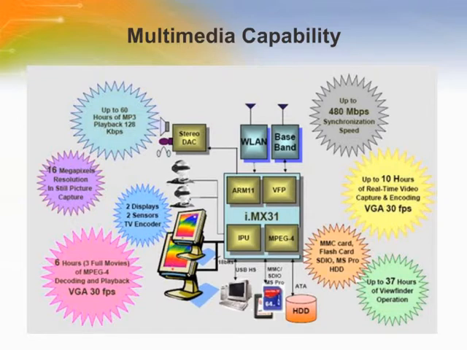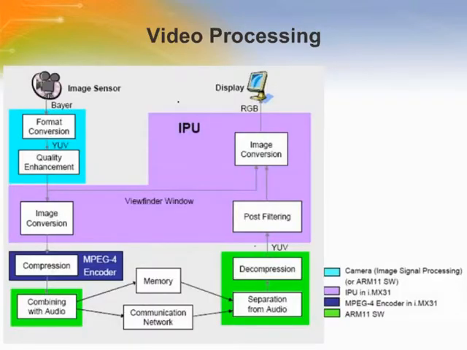Image capture in the i.MX31 can reach up to 30 megapixels per second, supporting VGA at 30 plus frames per second in real time, 3 megapixels at 10 frames per second, and 16 megapixels for still picture capture. The synchronization speed is up to 480 megabits per second.